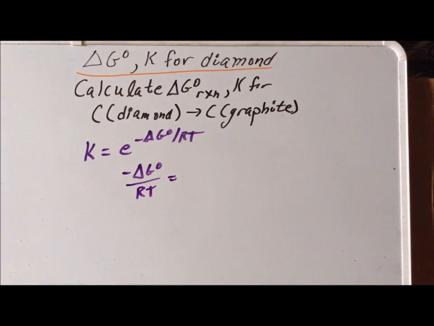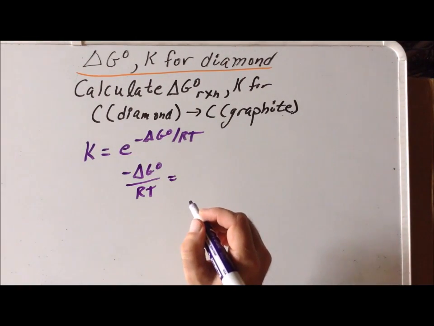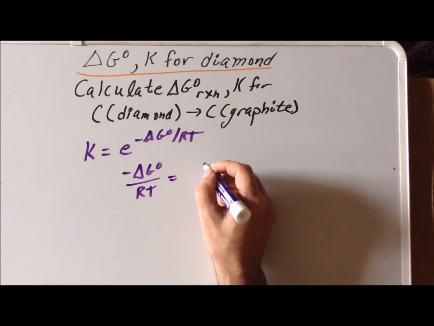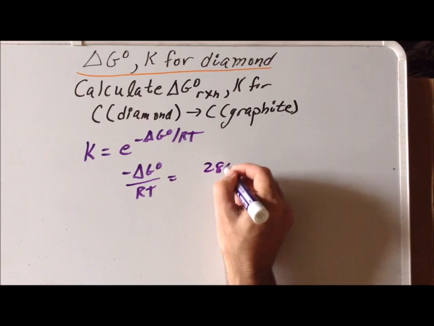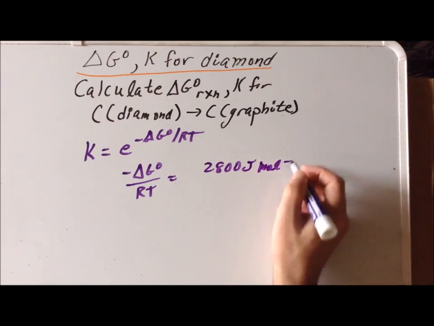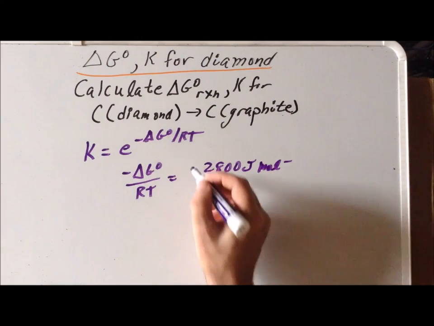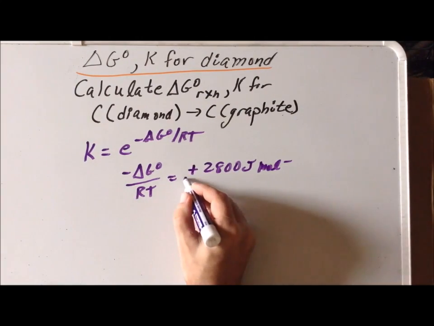And we've already determined that delta G naught for this reaction is going to be minus 2.8 kilojoules per mole. So 2.8 kilojoules is 2,800 joules per mole. And if you have a minus sign in front and the delta G naught was minus, that gives us a positive for the numerator.